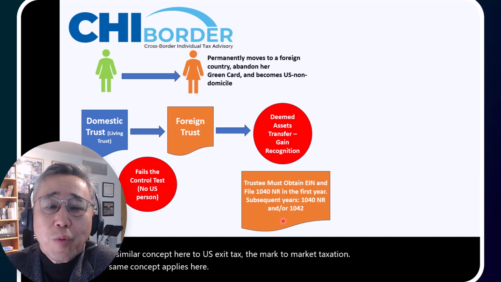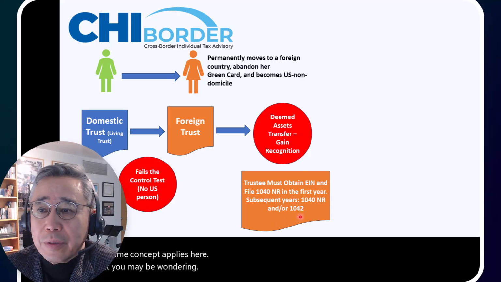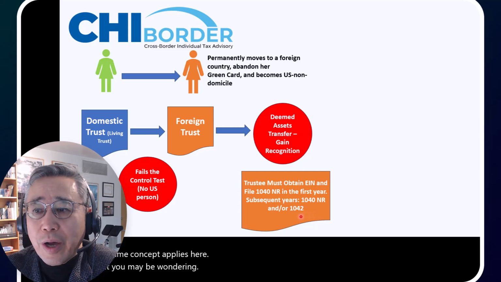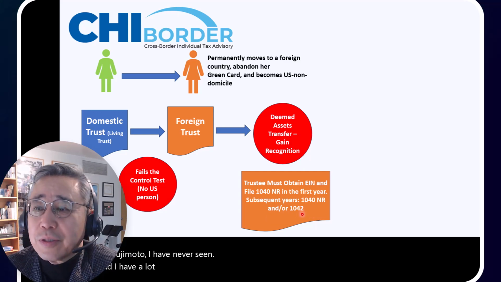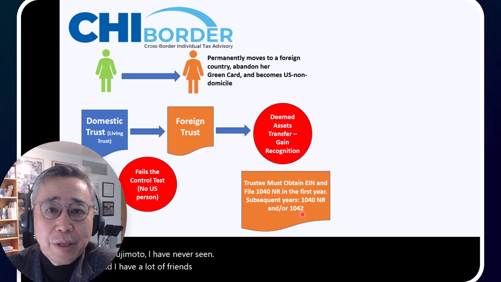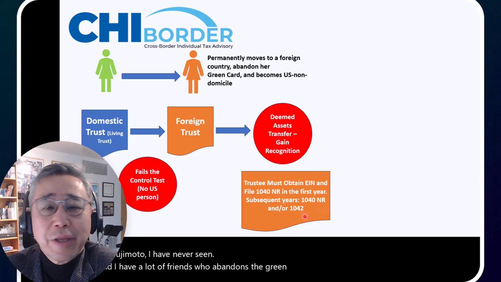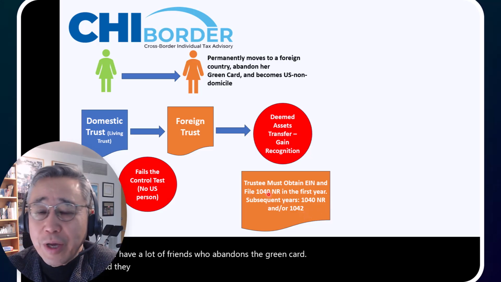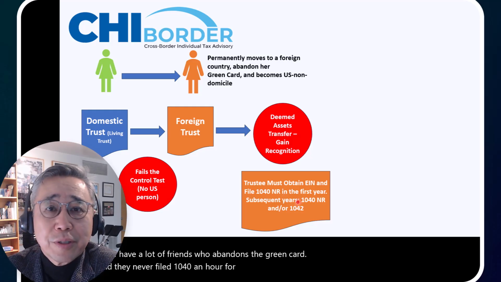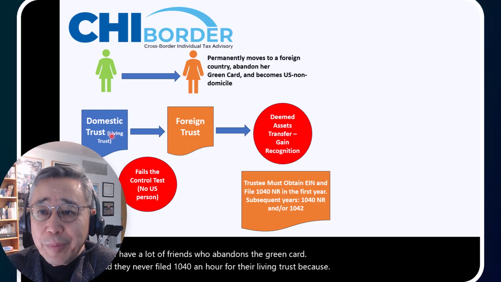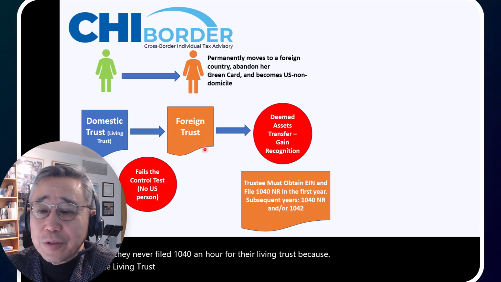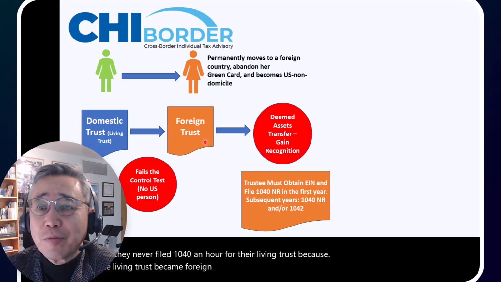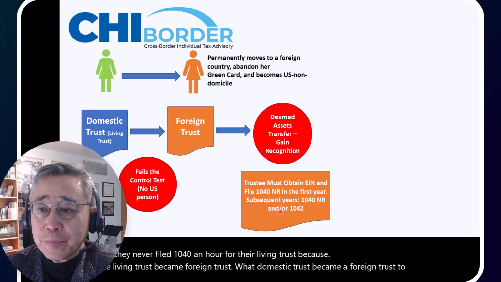But you may be wondering, Mr. Fujimoto, I have a lot of friends who abandoned the green card and they never filed the 1040 NR for their living trust, because the living trust became a foreign trust, or the domestic trust became a foreign trust, to be precise.